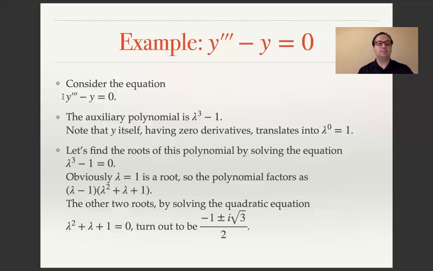All right, so now let's consider another example, y triple prime minus y is equal to 0. The auxiliary polynomial in this case is lambda cubed minus 1, because y triple prime becomes lambda cubed and minus y becomes minus 1 in the auxiliary polynomial.